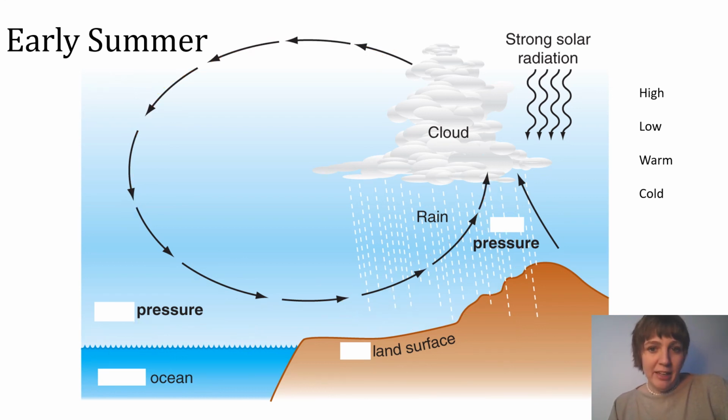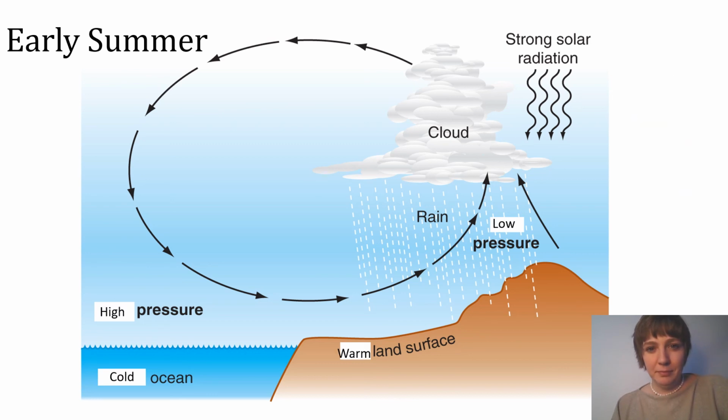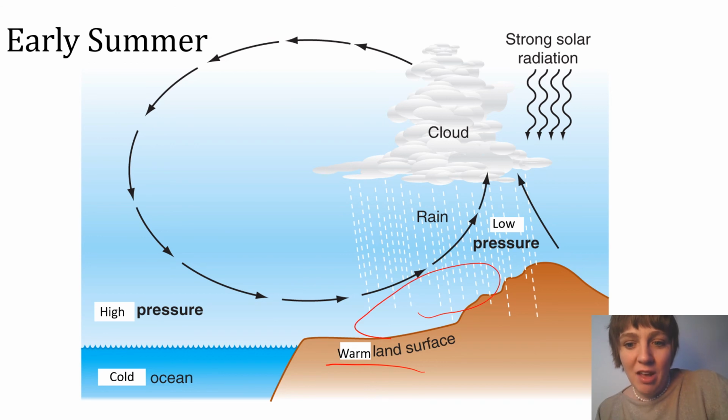So, can you place all of these terms here in their appropriate locations on the image? Go ahead and pause the video. Hopefully, this is what you have. The warm land surface provides heat to the atmosphere above. Hot air rises in a low pressure zone.